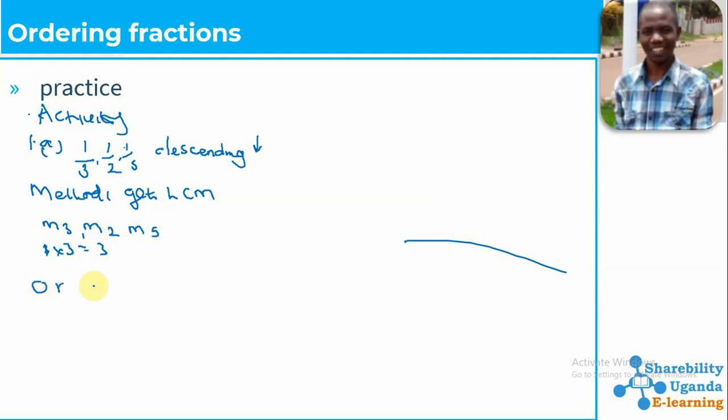Or we can say LCM is equal to 3 times 2 times 5. When we multiply these numbers, we can also come up with the LCM. So let's multiply them without going far.